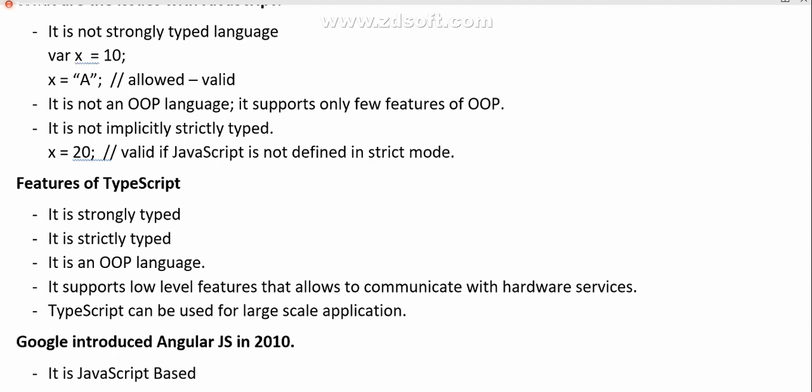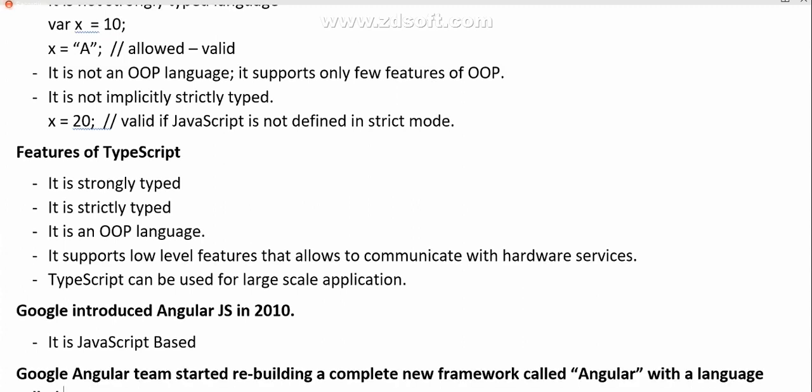So the Google Angular team started rebuilding a completely new framework called Angular, with a language they started called EdScript actually.